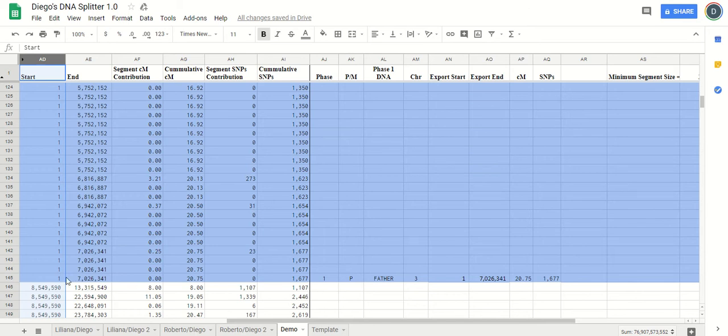So in other words, if the segment has been assigned to something, if it's something that we're actually exporting, and it can detect that this is the end of one segment and the beginning of something else, then it will go ahead and give me the chromosome number.